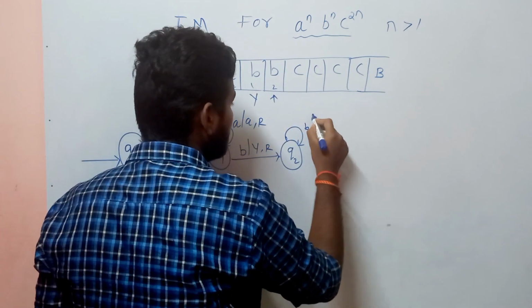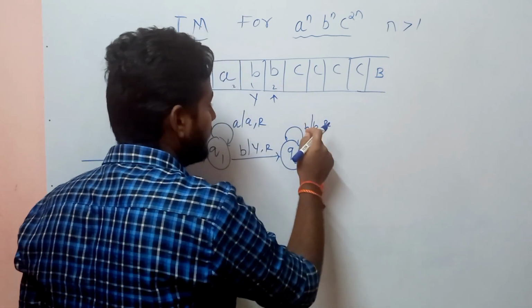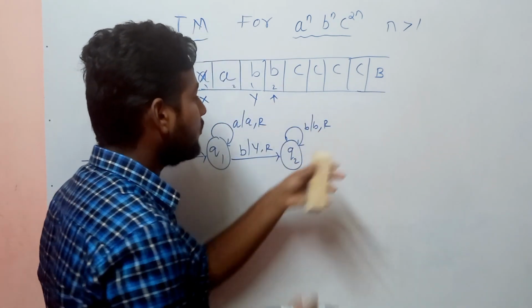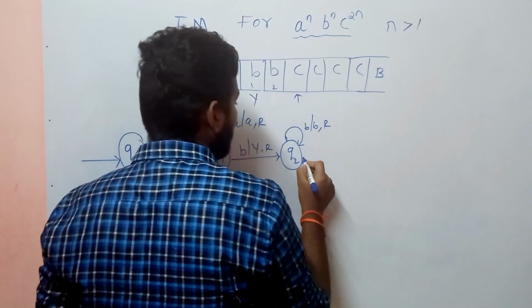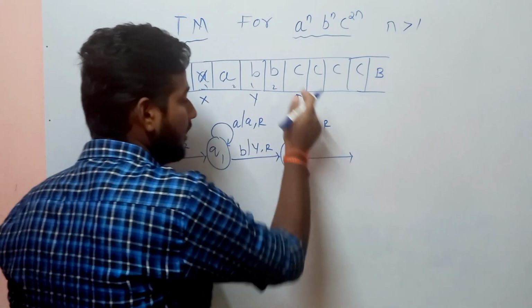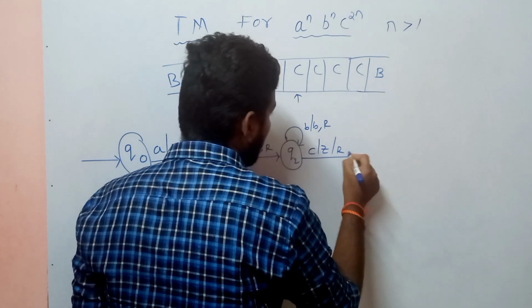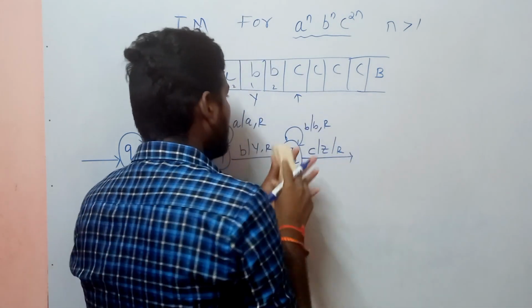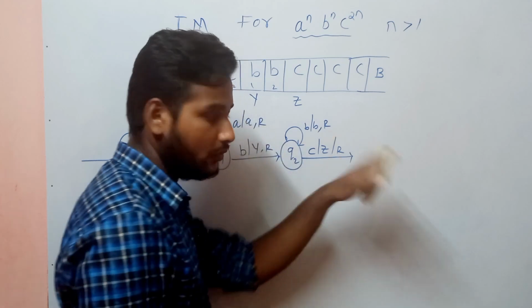We ignore this B simply by self looping it: B remains as B and the pointer moves to the right side. Now the pointer is here. Whenever we see our first C value, we make this C as Z and move to the right.